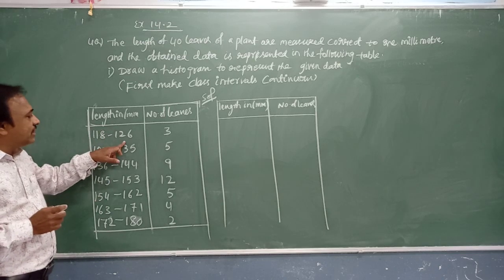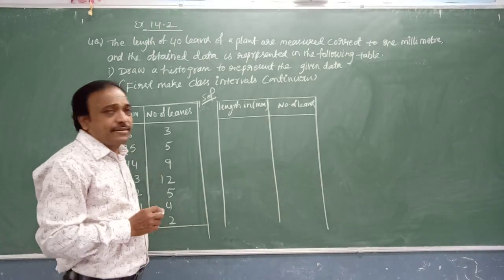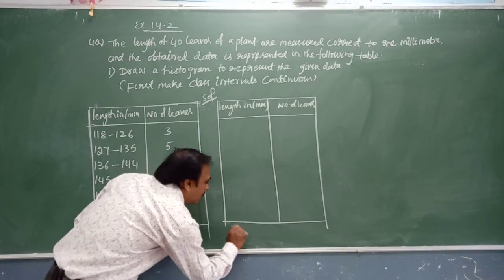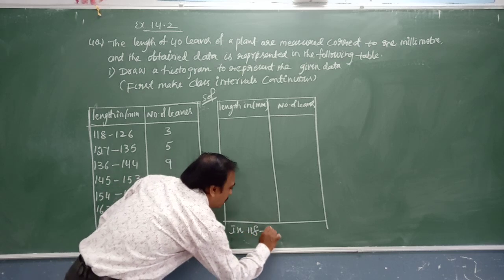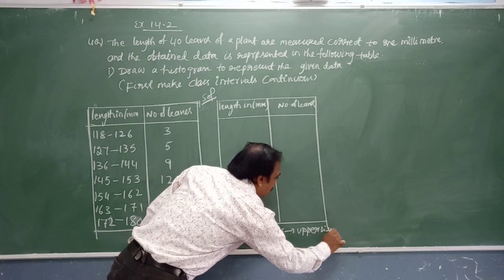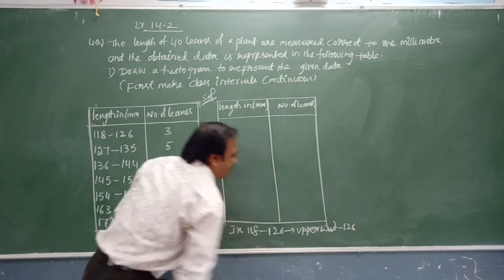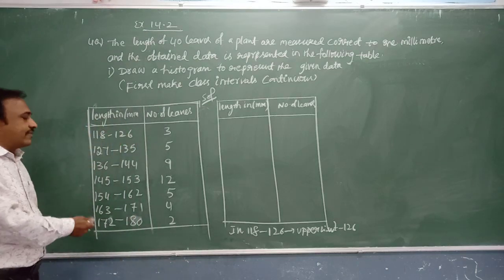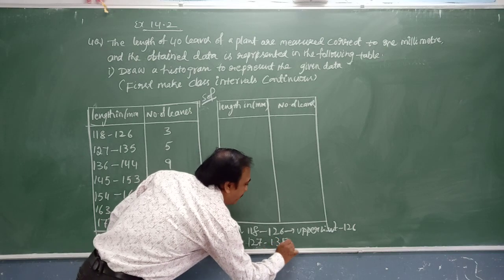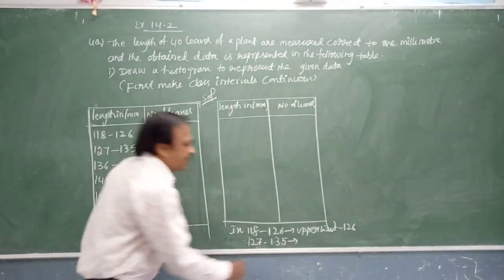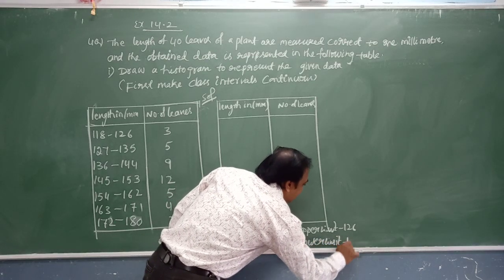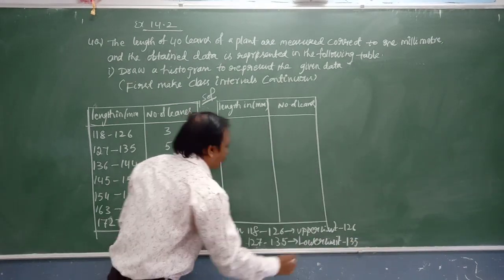Now see how to prepare continuous class intervals. In the 118 to 126 group, the upper limit is 126 and the next, succeeding class interval is 127 to 135, so the lower limit is 127.